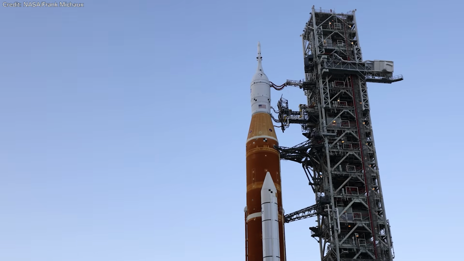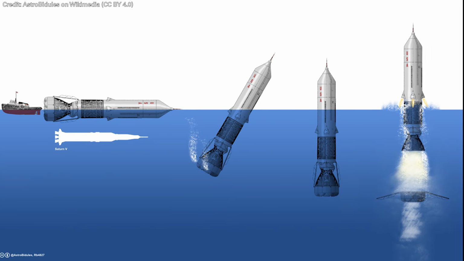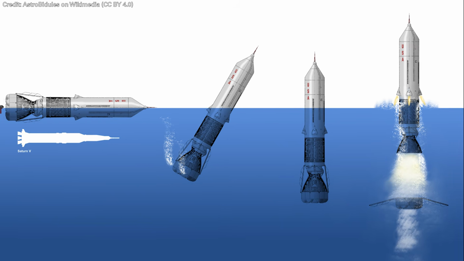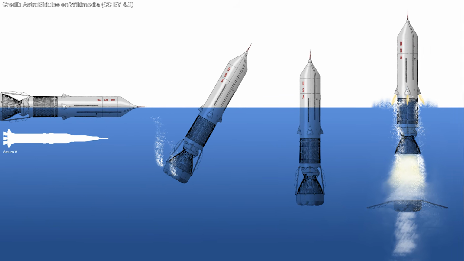But when you think about the Sea Dragon, you could absolutely make rockets capable of carrying hundreds, maybe even thousands of tons to low Earth orbit. It's just who needs payloads that big and who's willing to put all of their eggs in that one basket.